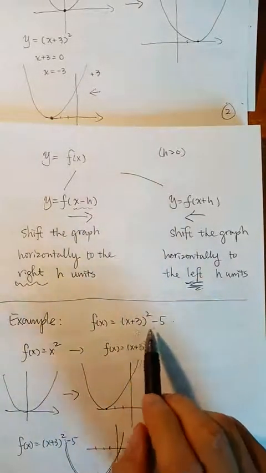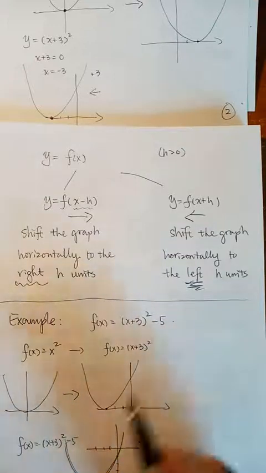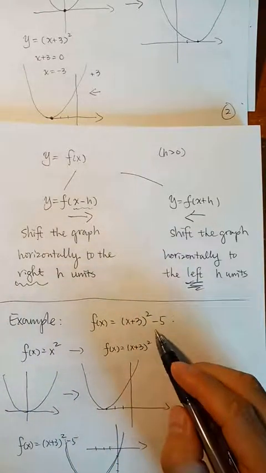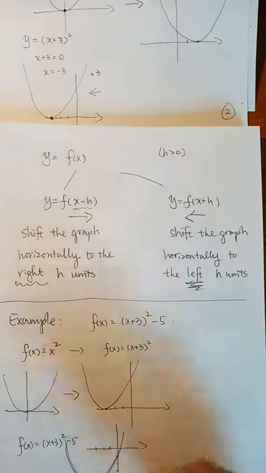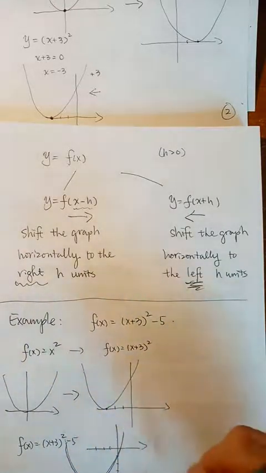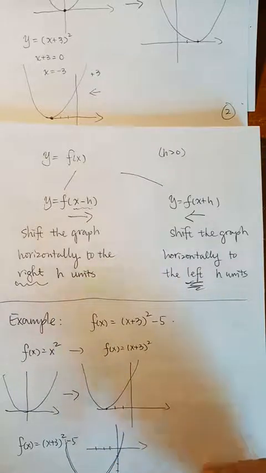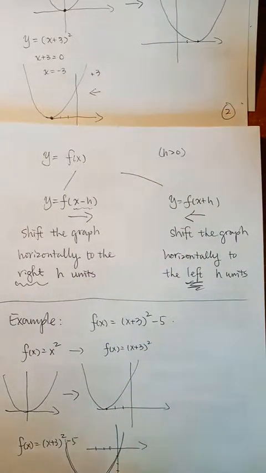Here we do the horizontal first and vertical second. And you can also do the vertical first, the horizontal second. It does not matter. Eventually you will have the same graph. The middle steps may be different, but the final answer should be the same. So you don't worry which direction you move first.